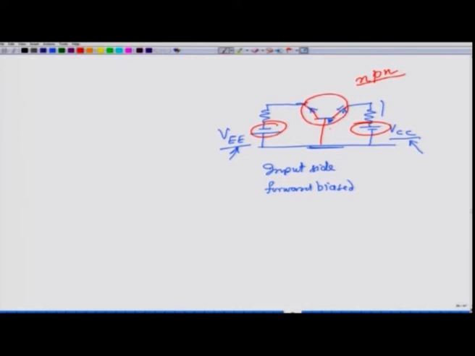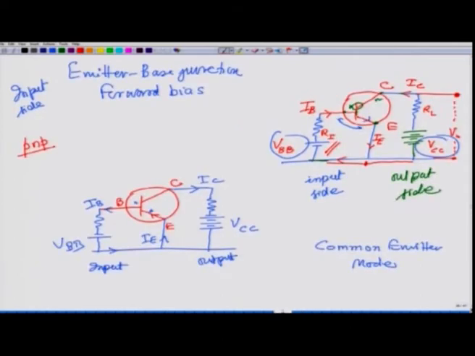Another thing you can note is that the battery polarity, if you look here and here, they look opposite to each other. You have a negative drawn upwards and this positive drawn downwards. Here you have positive drawn upward and negative drawn downward. So, they look opposite polarity, whereas if you go for that common emitter mode, this battery and this battery, you have positive on the upper side, here also you have positive on the upper side.